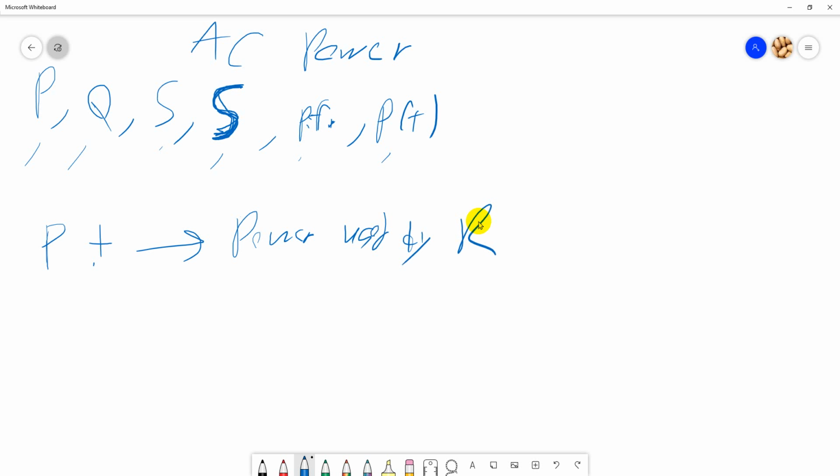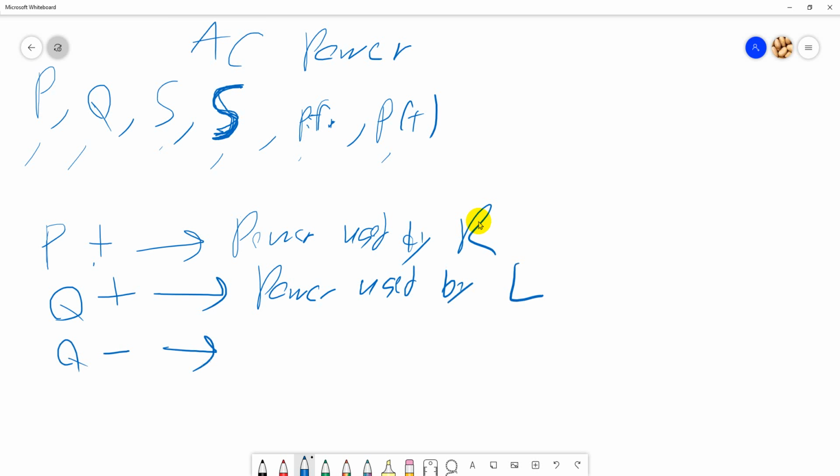And for Q, it can be positive or negative. Positive means that the power is used by the inductor. How about Q negative? The power is supplied.